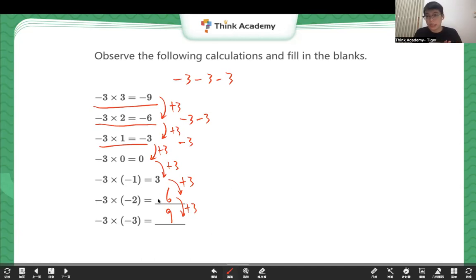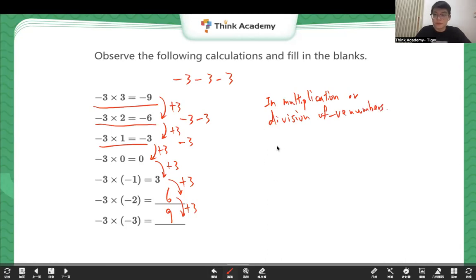Just like previously when we did the opposite numbers, actually, in multiplication or division of negative numbers, again, if I am multiplying or dividing numbers with two same signs, the outcome is always going to be positive.